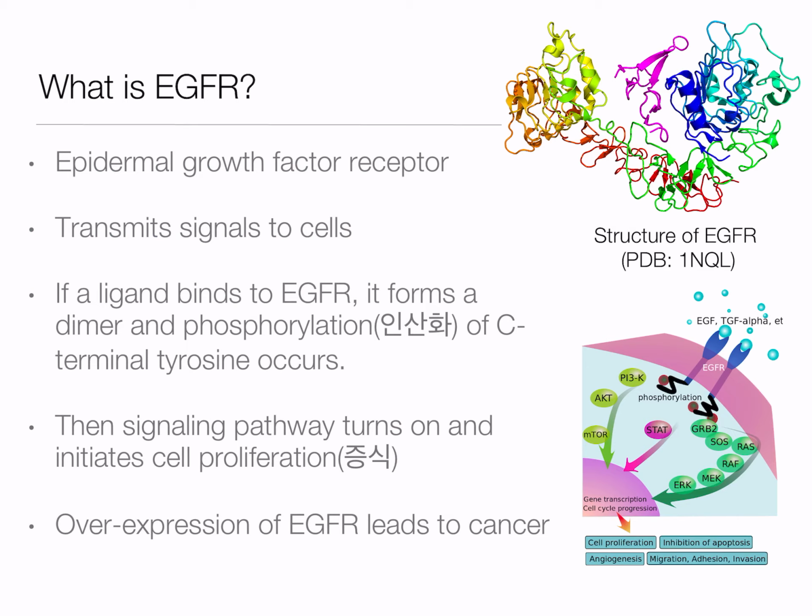For Lazertinib, the known target protein is EGFR. So what is EGFR? EGFR is one of the very famous targets in biochemistry. It is an abbreviation of epidermal growth factor receptor.